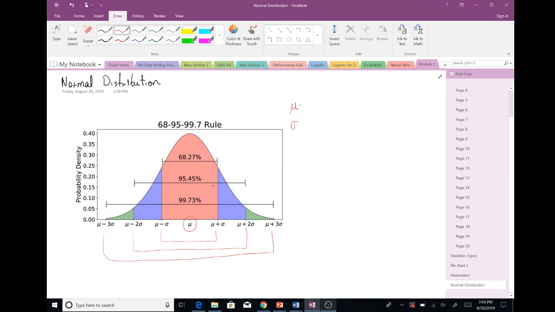So basically, if we know these two parameters of the normal distribution, we are able to describe pretty much most of where the data falls.